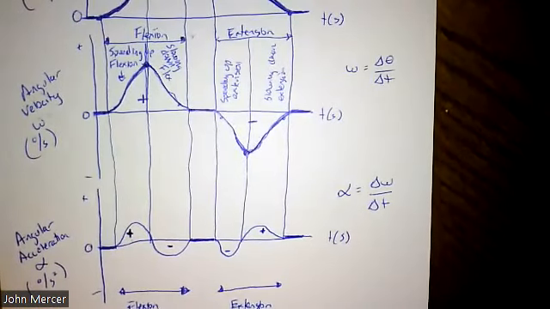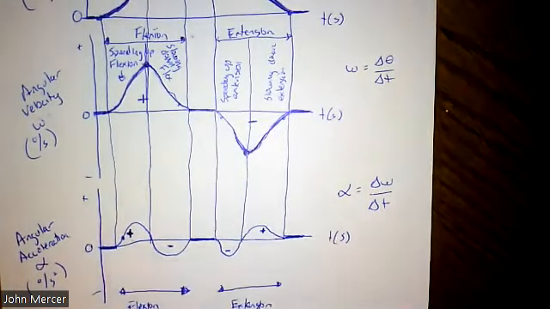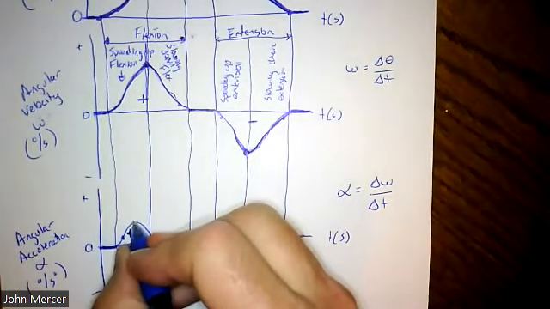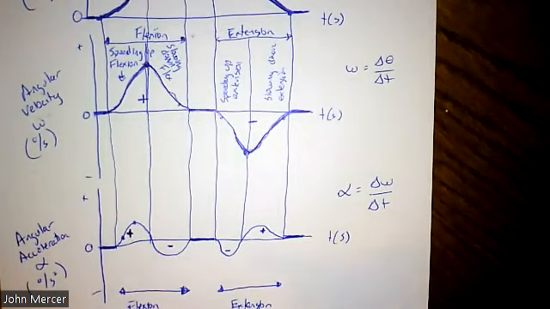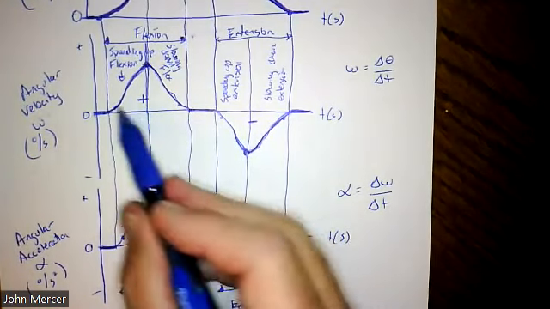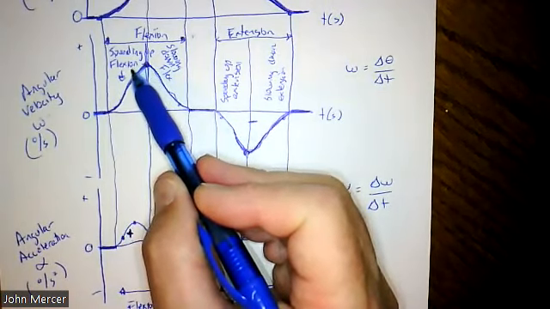Right now, we're going to just recognize that if I'm at this point, and that's a positive angular acceleration, versus if I'm at this point, which is also a positive angular acceleration, and both of these points are in the same phase, they're both indicating speeding up through flexion.